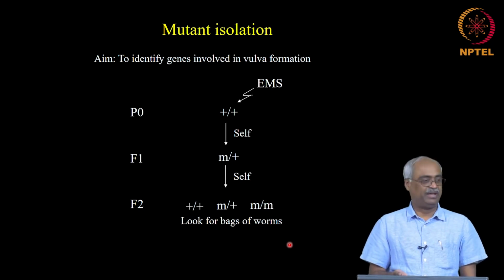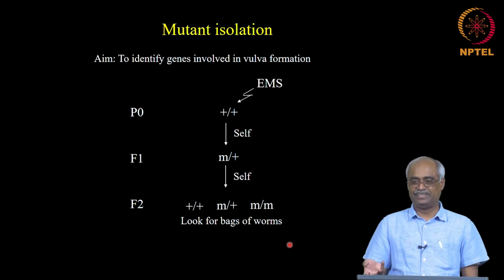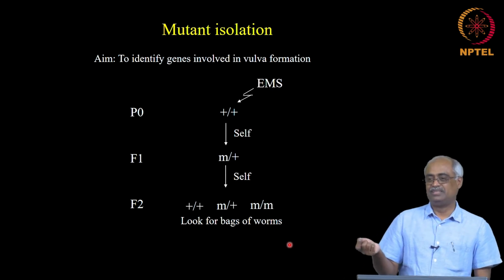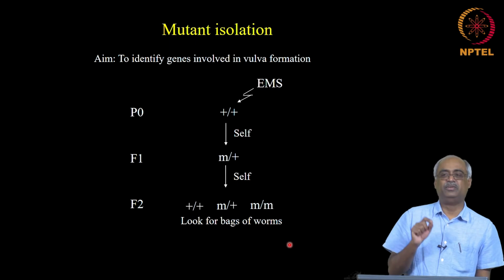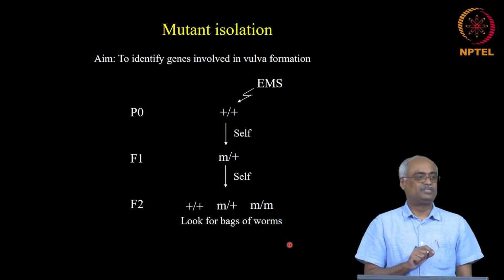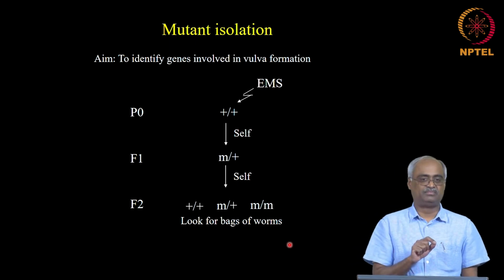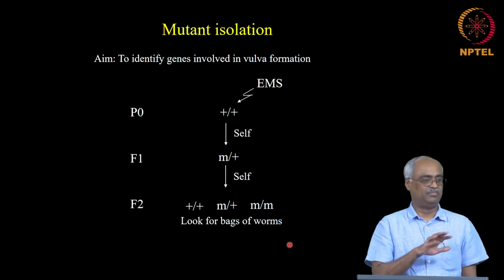And when you have a worm filled with worms inside, even in 1 in 10,000 that worm will stand out. So that is another important aspect of how to design a screen. The phenotype that you are going to look for should be very obvious compared to the background wild type.